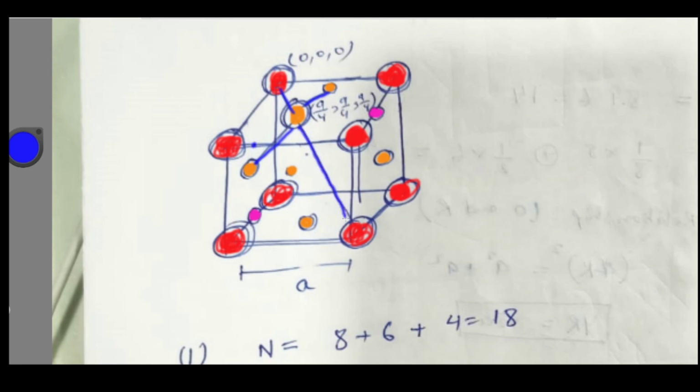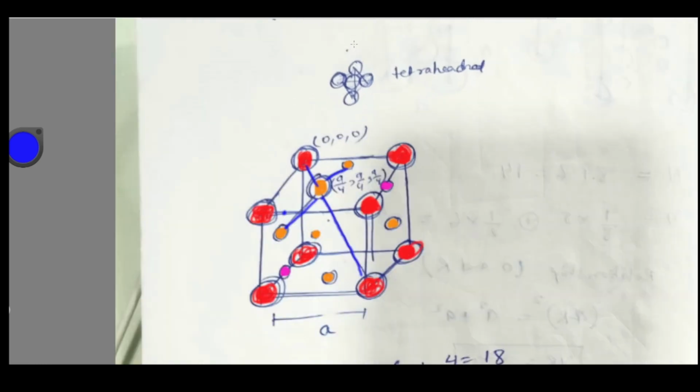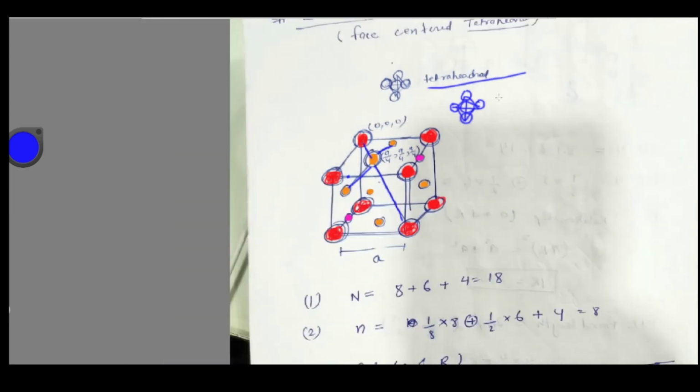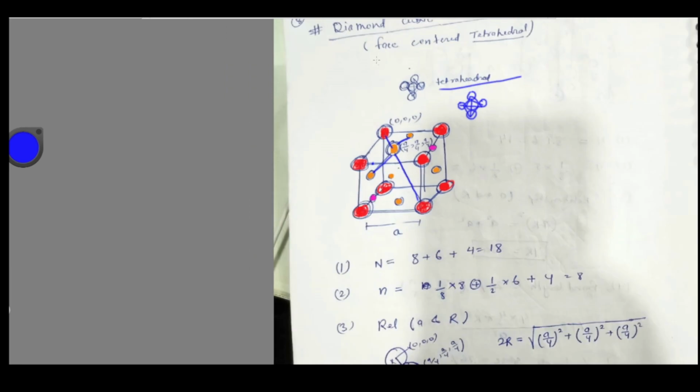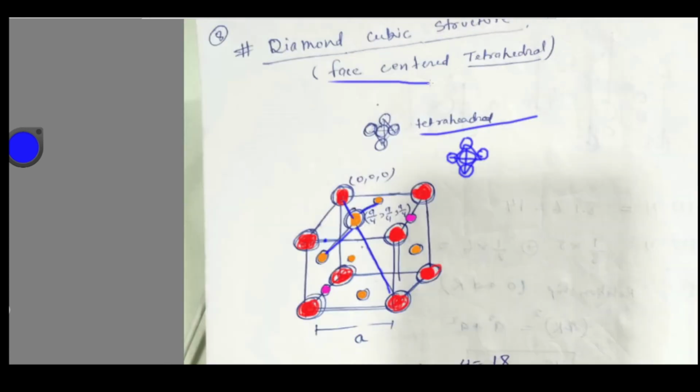So one tetrahedral kind of shape will be formed from the top view, after joining all of these. So in the diamond structure, face centered atoms will be present and a tetrahedral shape will be present.